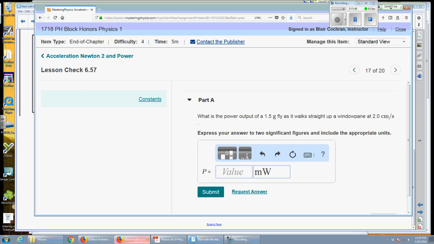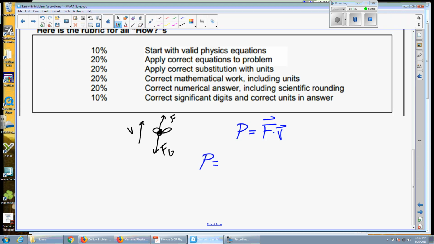I have a 1.5 gram fly. Its weight is going to be mg, right? Should I use that mass in grams? No, what should I have it in? Kilograms. So this is going to be mg times v. The force opposing me is the weight of the fly, whatever speed it's moving at.